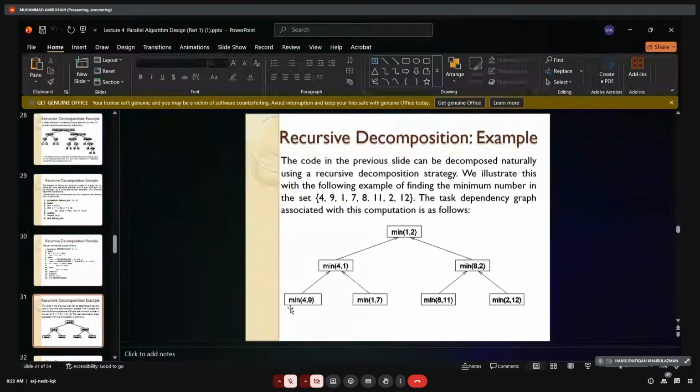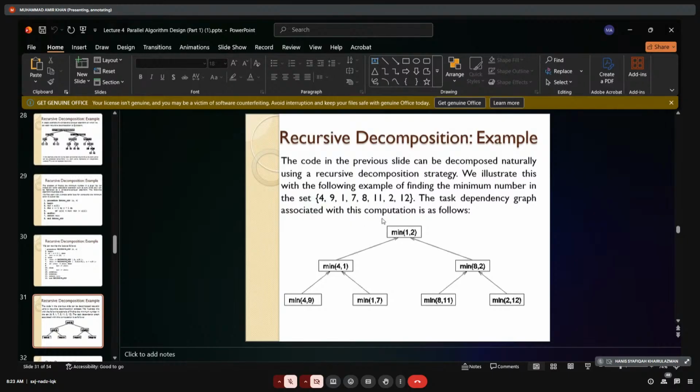You can see the last level, level 3. What we can do is apply the minimum function to every two values: 4 9, 1 7, 8 11, and 2 12. The minimum of 4 9 is 4, the minimum of 1 7 is 1, the minimum of 8 11 is 8, and the minimum of 2 12 is 2. Then the minimum of 8 and 2 is simply 2, and the minimum of 4 and 1 is 1.